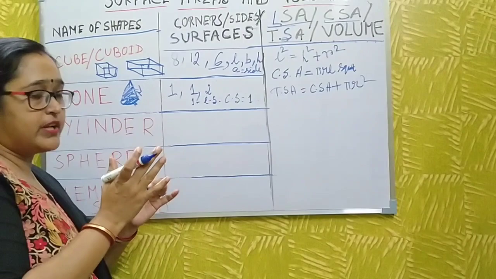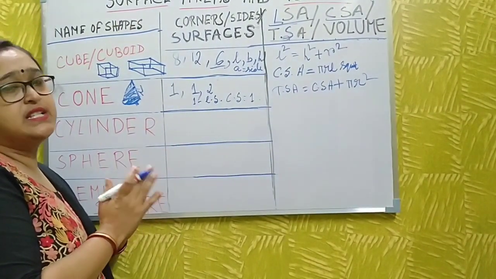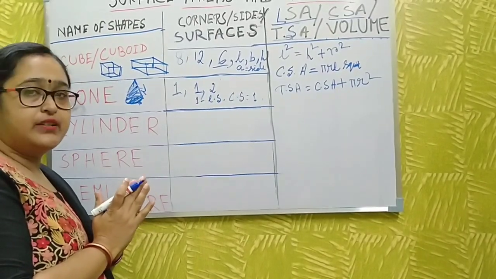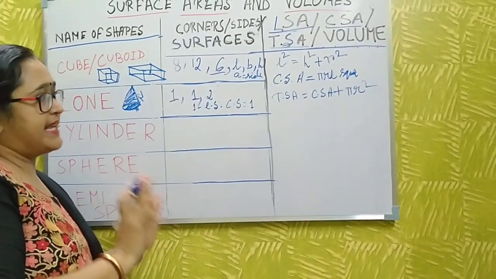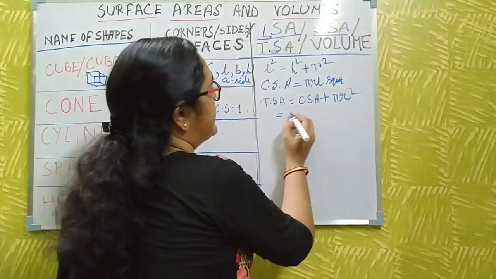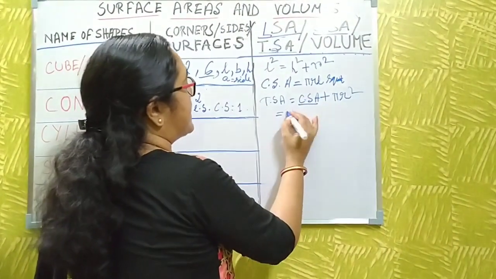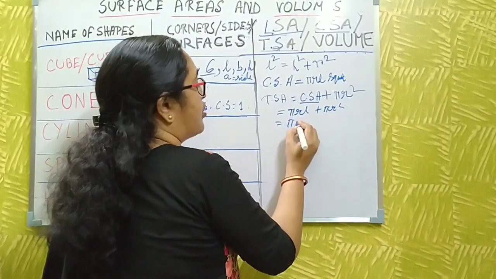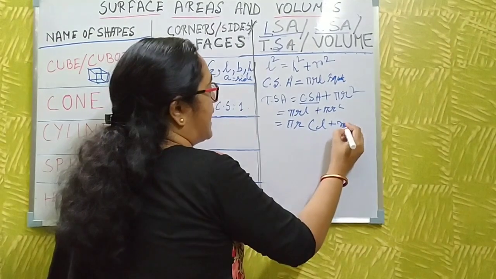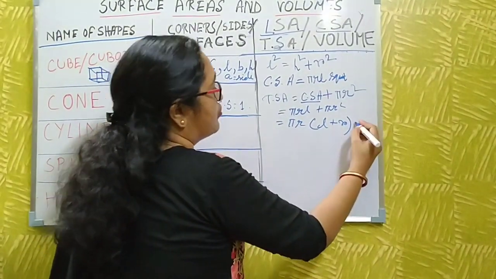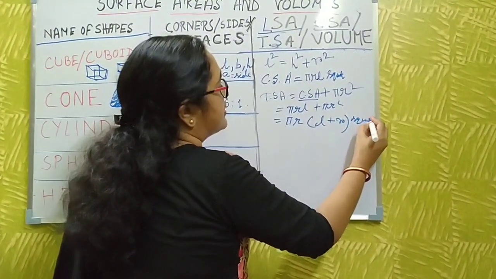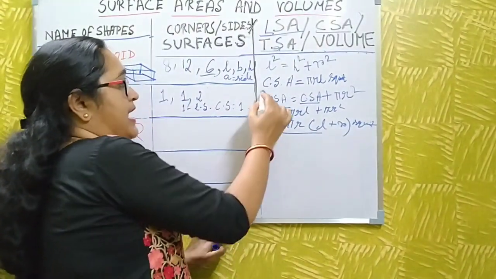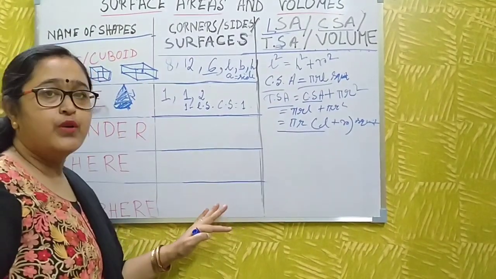Then you add the CSA and the area of the circle and you get the TSA. CSA means pi R L plus pi r square. Then you just take pi r common, so pi r times L plus R is the TSA of the cone, in square units. This is the TSA, total surface area of the cone, and this is the curved surface area of the cone.